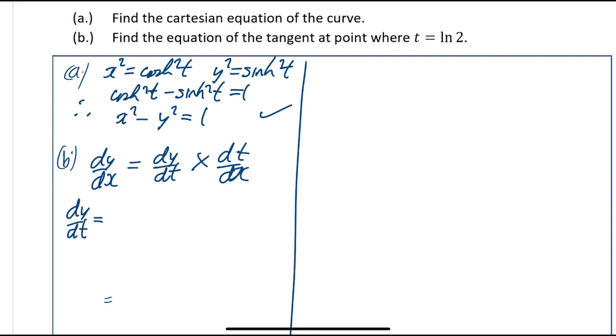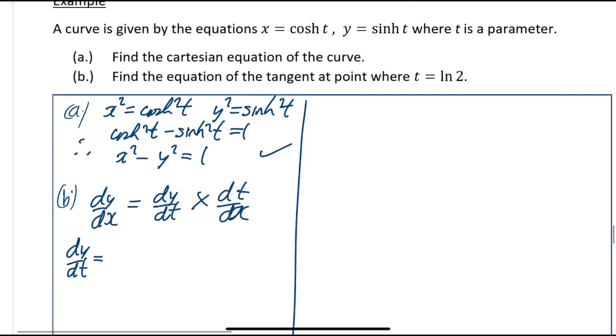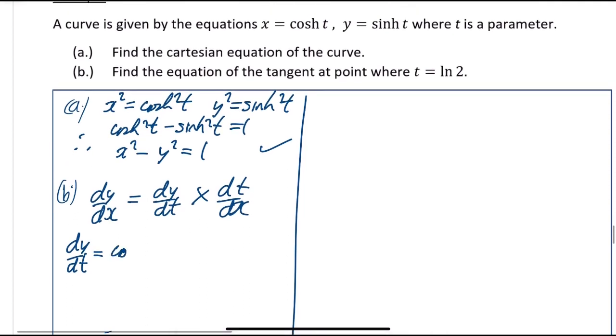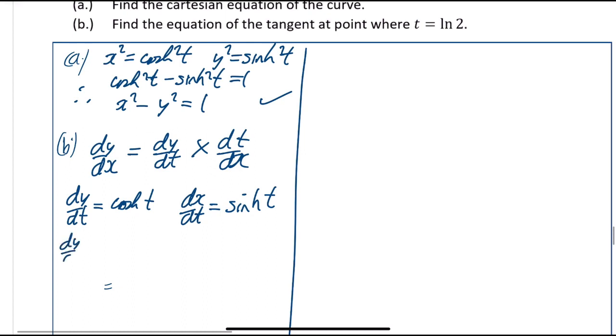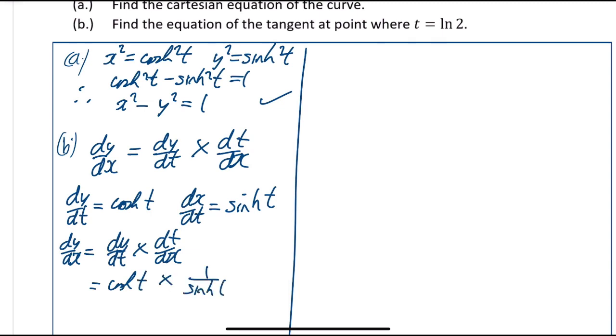Dy by dt will be equal to, if you differentiate your y there, you're going to get a hyperbolic cos of t. Likewise, your dx by dt is going to be hyperbolic sine of t. And then we'll write that out again: dy by dx is equal to dy by dt times dt by dx, and that is going to be hyperbolic cos of t times 1 over hyperbolic sine of t.